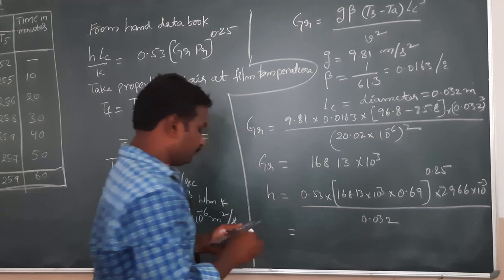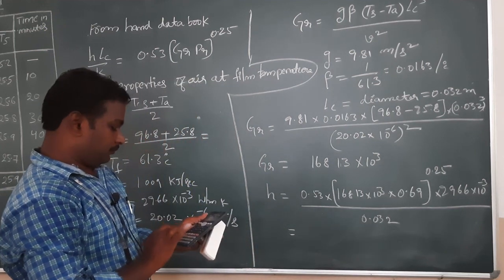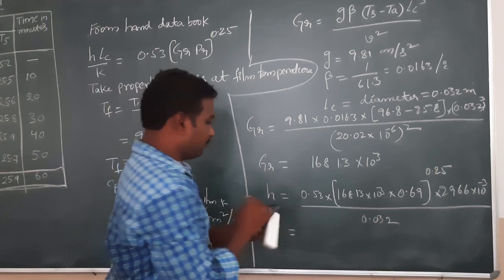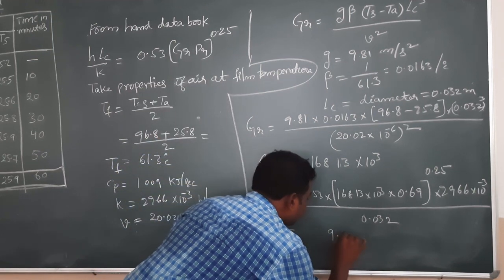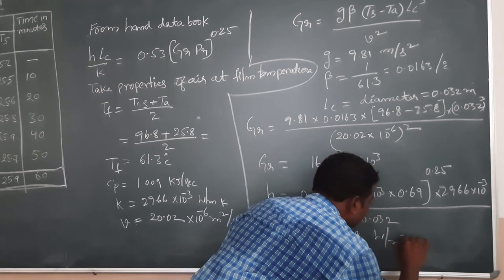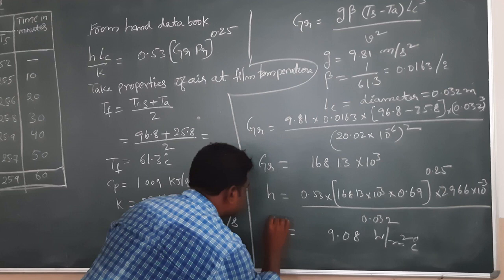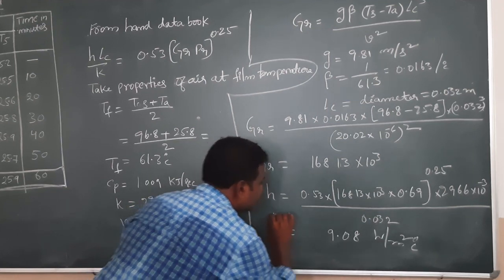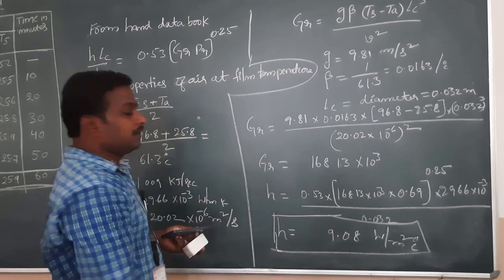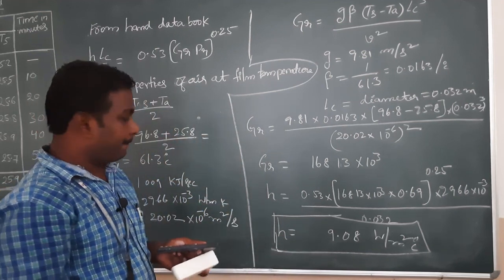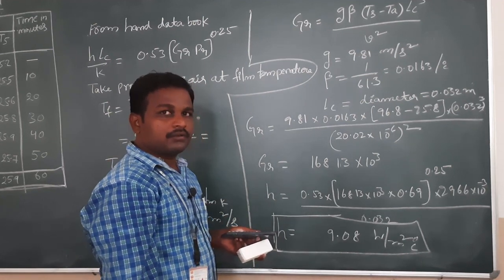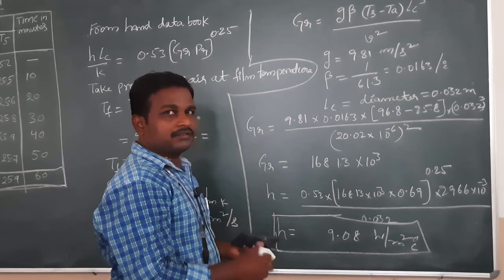That equals 9.08 watt per meter square degree centigrade. This is the natural convective heat transfer coefficient value theoretically. And let us go for the calculation part of keeping the rod in vertical position and compare the two values here.